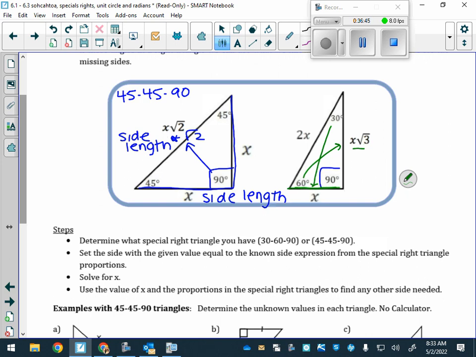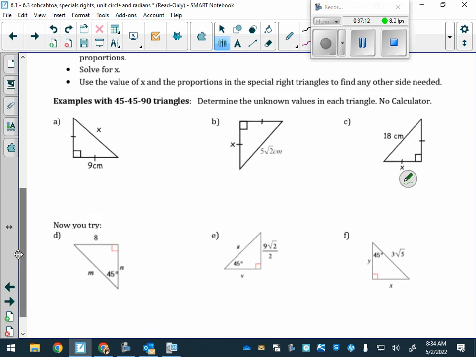And your hypotenuse is 2 times your side length. So 30, 60, 90 is a little bit more to remember. Okay? Across from 30 is your side length. Across from 60 is your side length times root 3. Across from 90 is 2 times your side length. Good? All right. So first we're going to look at a few examples of 45, 45, 90.